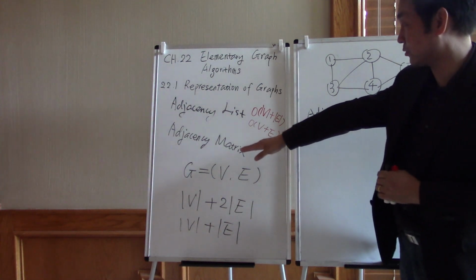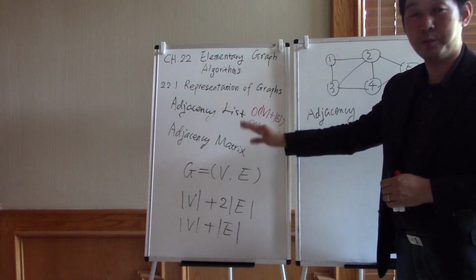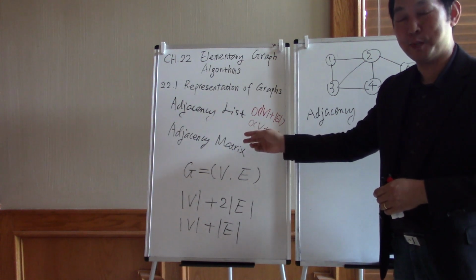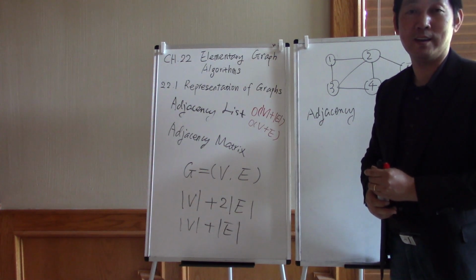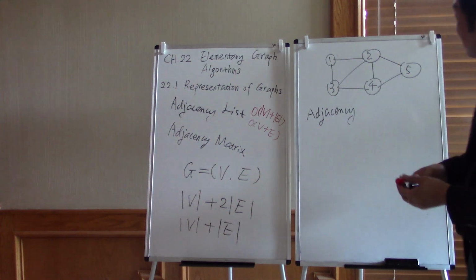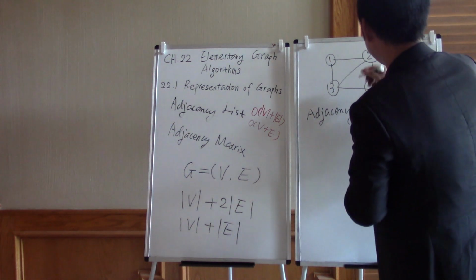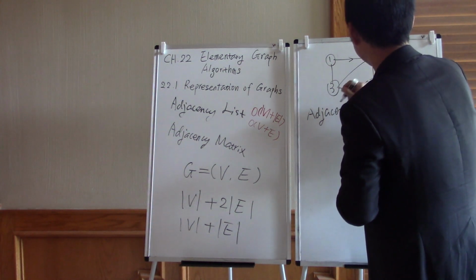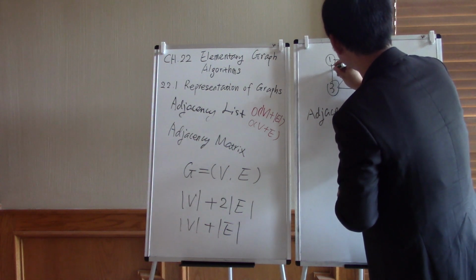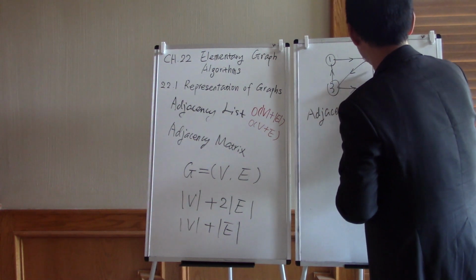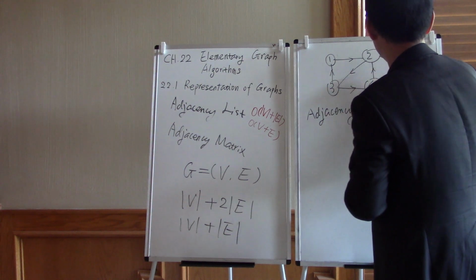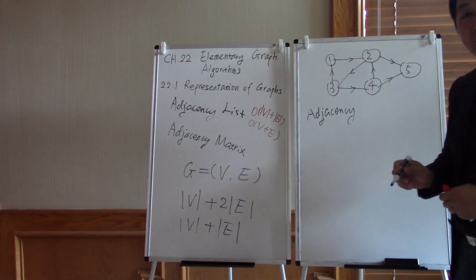This adjacent matrix representation works for both undirected and directed graphs, but I just want to show you an example of a directed graph to see how it works. So let's say that we have a graph like this. Okay, so now we have a directed graph.